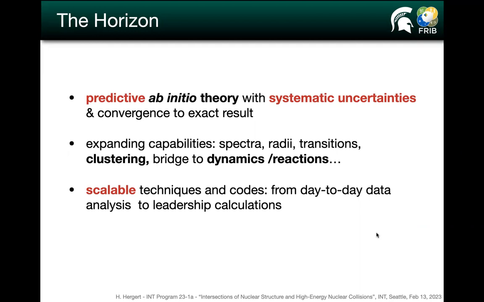My personal ultimate dream is that we will eventually be at the point where community codes will be so performant and scalable that they can be used in day-to-day data analysis, or in specific problems that demand high precision in leadership calculations on the largest machines that we have available to us.